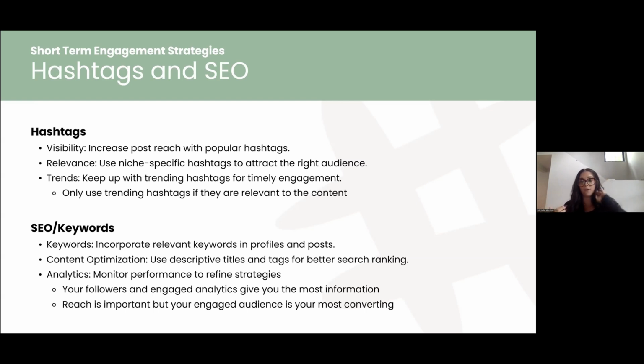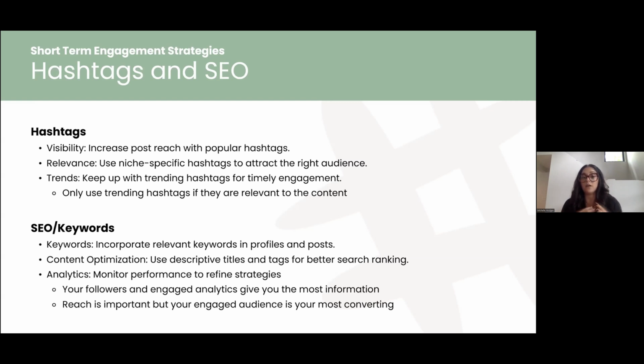Or if owning townhomes or condos or whatever it might be is trending in your world, you want to use those hashtags because that's what people are looking for. And you know best what's trending in your industry. So using the hashtags that represent that is a great place to start.